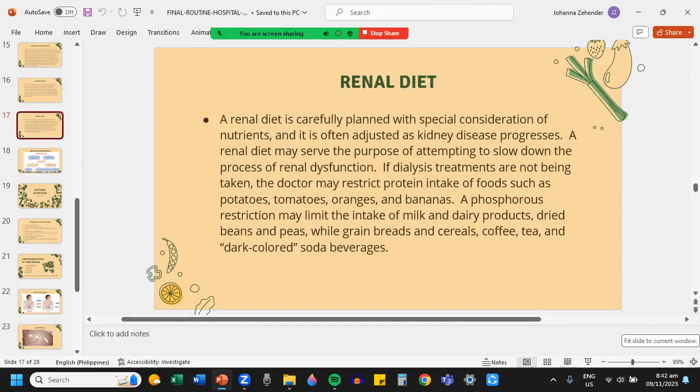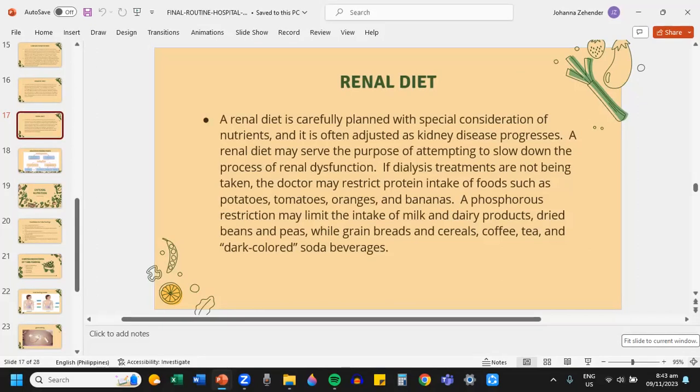Okay, next one, we have the renal diet. So a renal diet is carefully planned with special consideration of the nutrients, and it is often adjusted as kidney disease progresses. So a renal diet may serve the purpose of attempting to slow down the process of renal dysfunction. So if dialysis treatments are not being taken, the doctor may restrict protein intake of foods such as potatoes, tomatoes, oranges, and bananas.